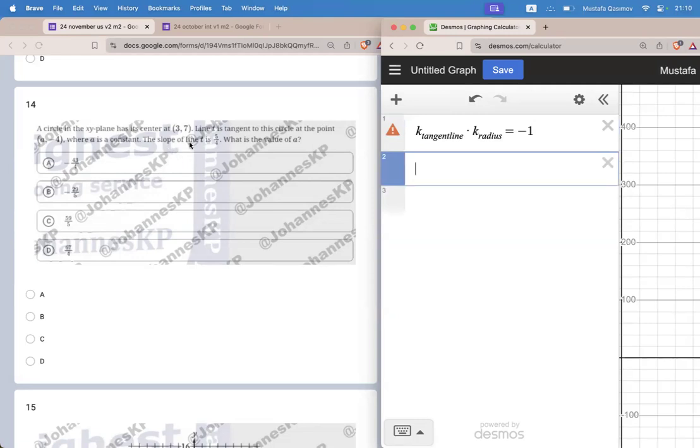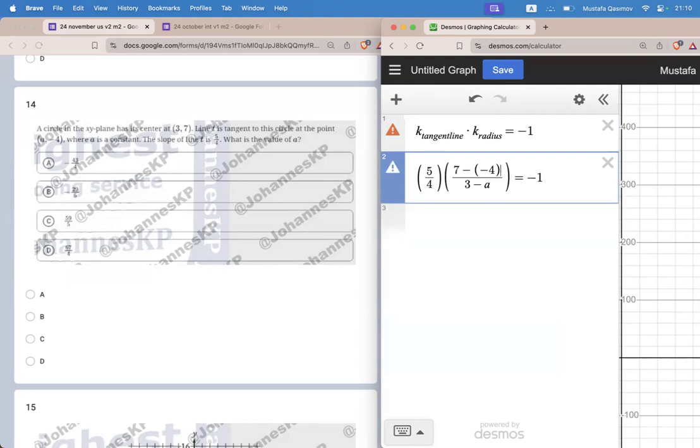Then it says the slope of line T. Line T is the tangent line, so let's write here -5 over 4 multiplied by the slope of the radius, with the points 3, 7 and a, -4. If we find the slope from here, we will automatically find the slope of the radius. So it will be 7 minus -4 over 3 minus a, and it is equal to -1.